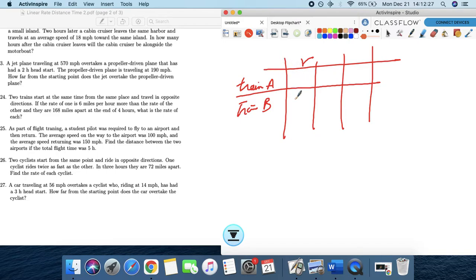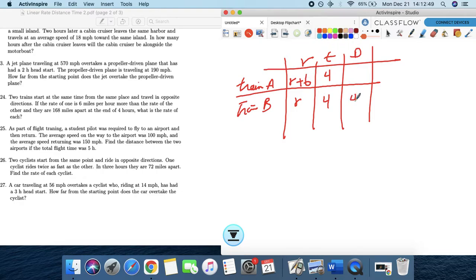So one train travels at this speed, let's call it r, doesn't matter which one, and the other one is r plus 6. At the end of 4 hours, they travel for t, so they both travel for 4 hours. And we know the distance apart they are after 4 hours is 168 miles.